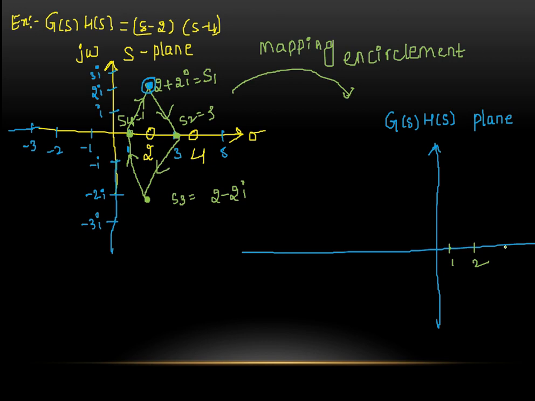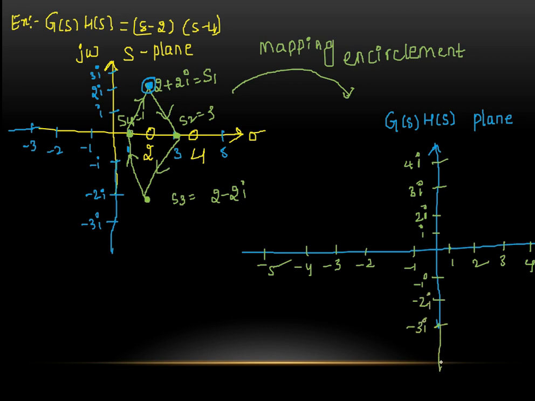So 1, 2, 3, 4, minus 1, minus 2, minus 3, minus 4, minus 5 and so on. Similarly here also i, 2i, 3i, 4i, and here also minus i, minus 2i, minus 3i, minus 4i.